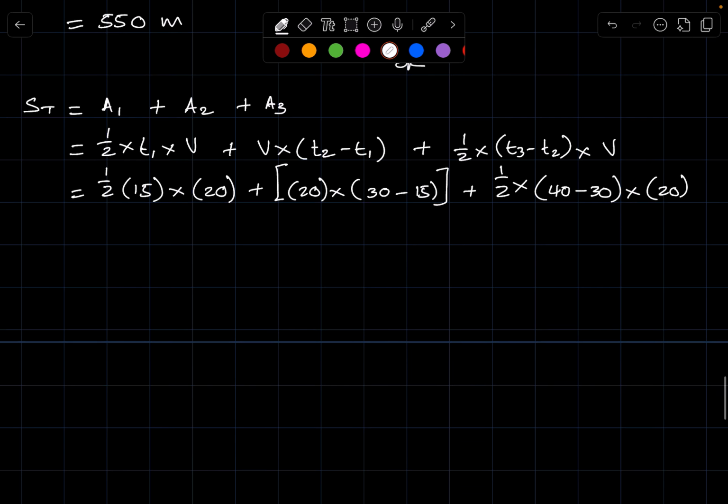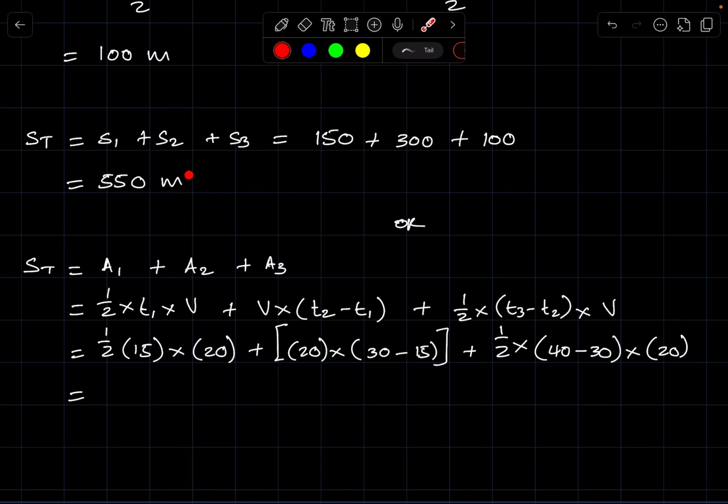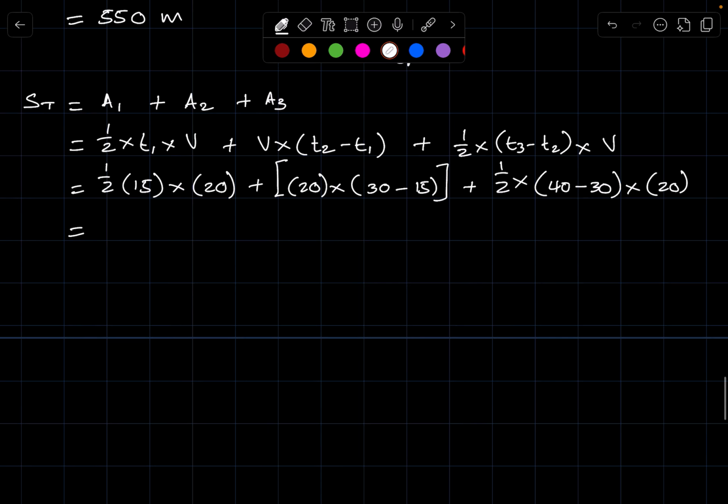Then all you do is add this up. You punch this exactly as it is in your calculators and you should get the same answer we got when using this approach. So you should get 550 here as well. 550 meters.